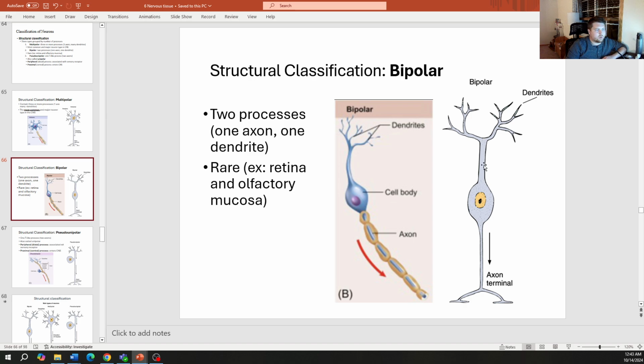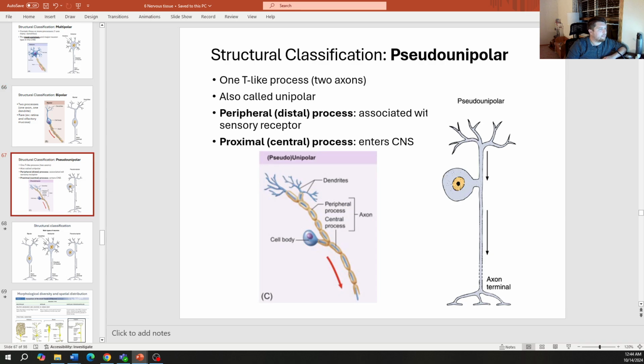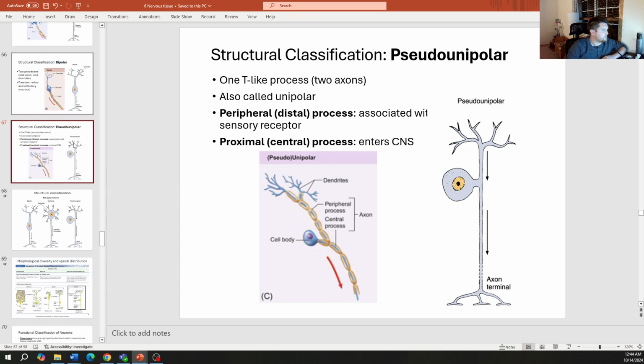So this is considered 1 dendrite, and then 1 axon. Pseudo-unipolar, the cell body or the soma is off to the side, and we count this as axon 1 and axon 2. Even though it's sort of more continuous, we say that it has 2 axons.